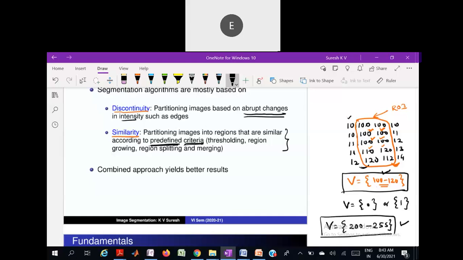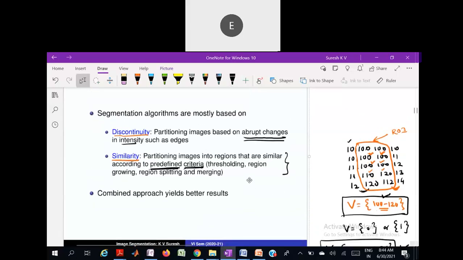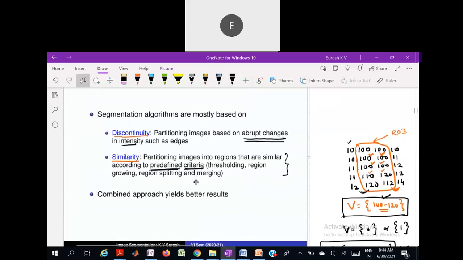In fact, a good example for this segmentation is thresholding, which we are going to discuss later. There are also methods called region growing, and region splitting and merging, which we will discuss later. Each of them has its own advantages and disadvantages, so normally a combined approach is applied, which gives better results.